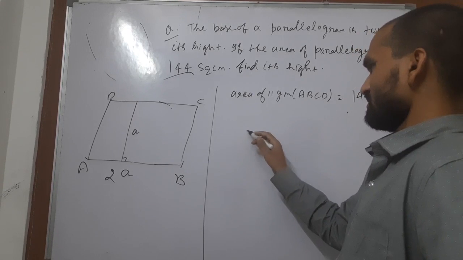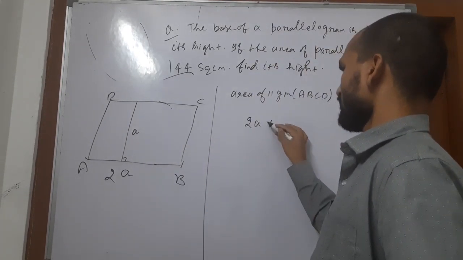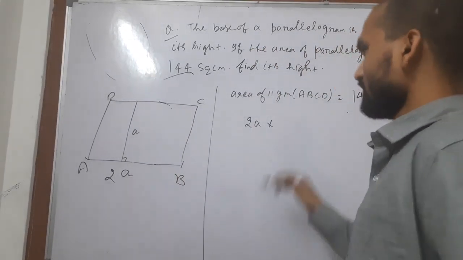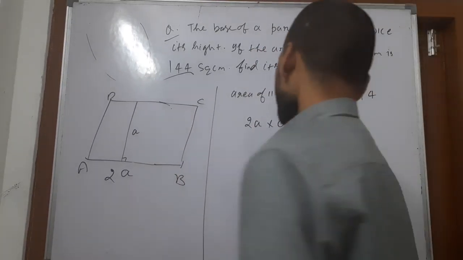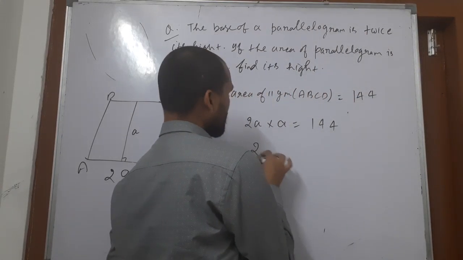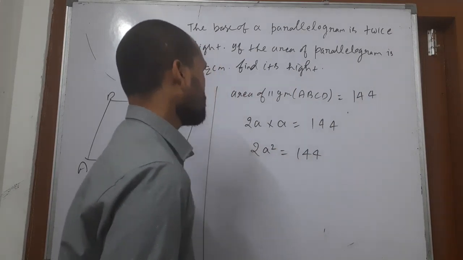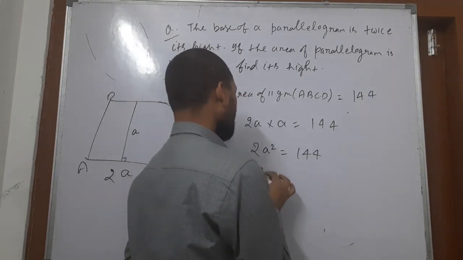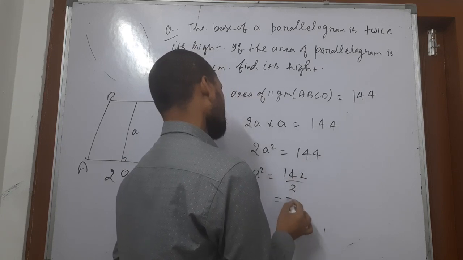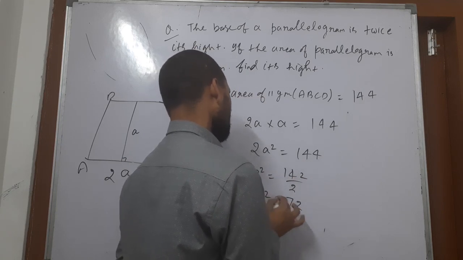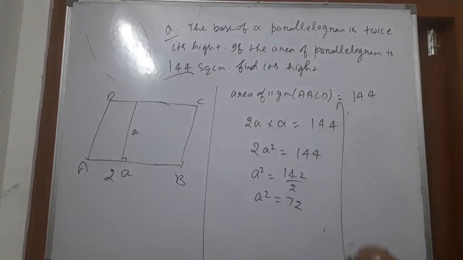The length of the base is 2a and the height is a. So 2a into a is equal to 144. This is 2a square, so 2a square is 144. So a square will be 144 by 2, that is 72.